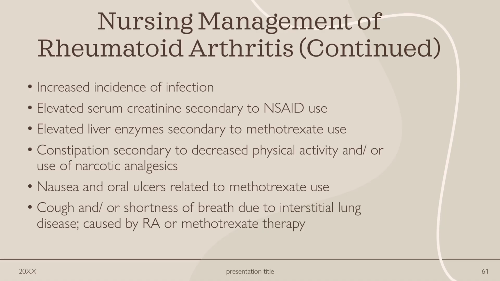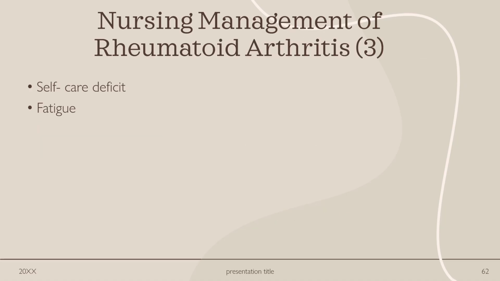Constipation may be secondary to decreased physical activity and or the use of narcotic analgesics. Nausea and oral ulcers may be related to methotrexate use. Cough and or shortness of breath may be due to interstitial lung disease caused by RA or methotrexate therapy. There may be a self-care deficit, and your patient may complain of fatigue.